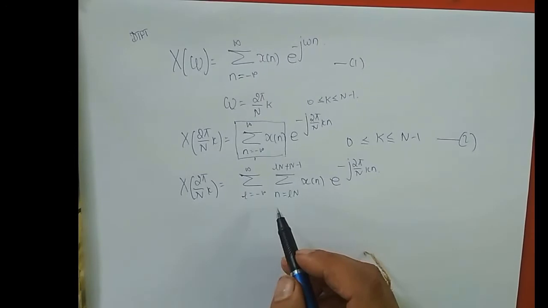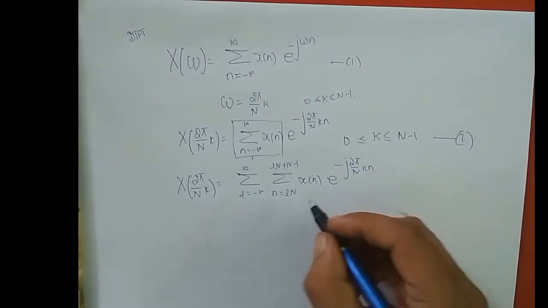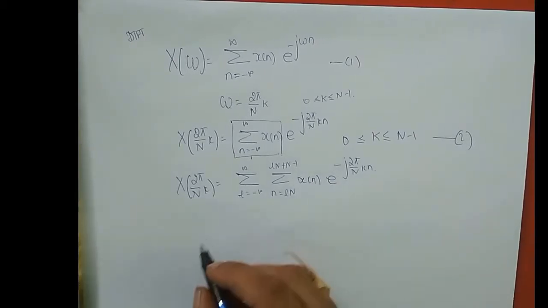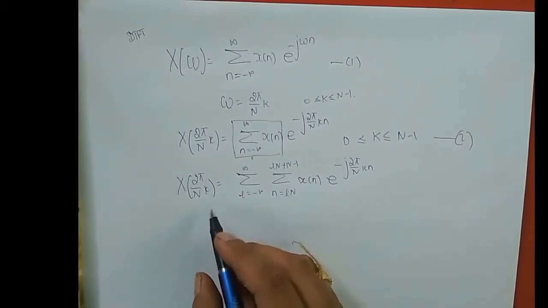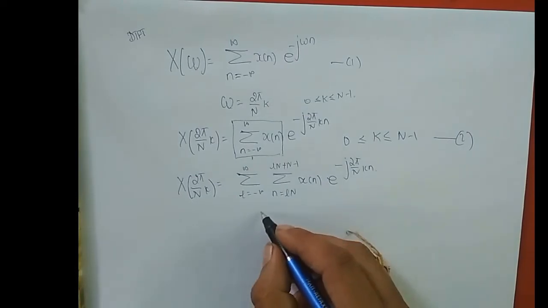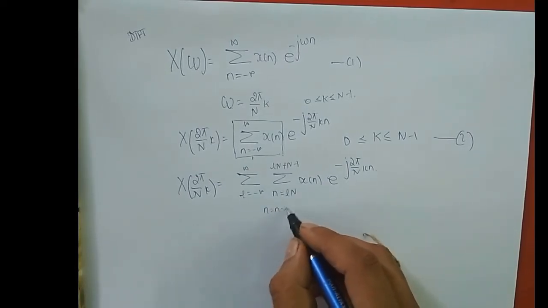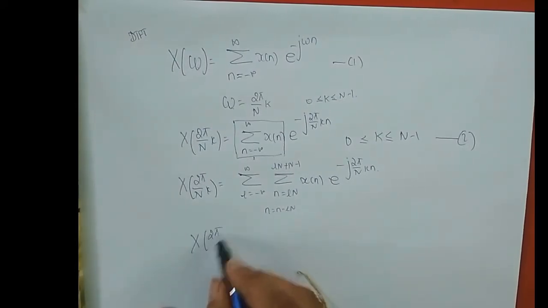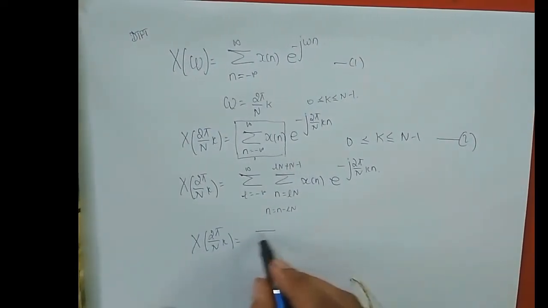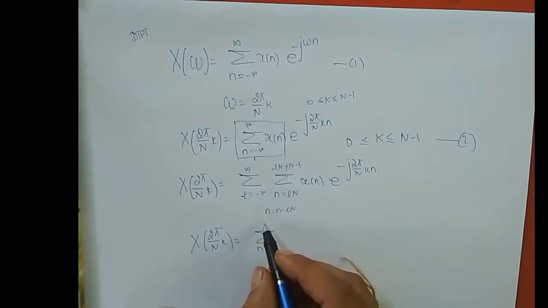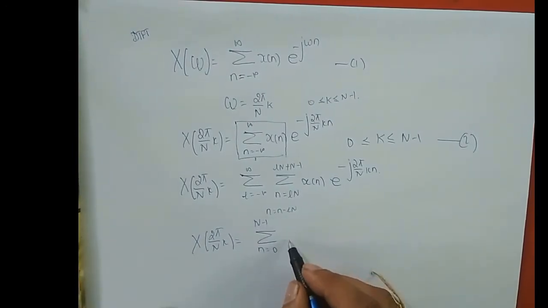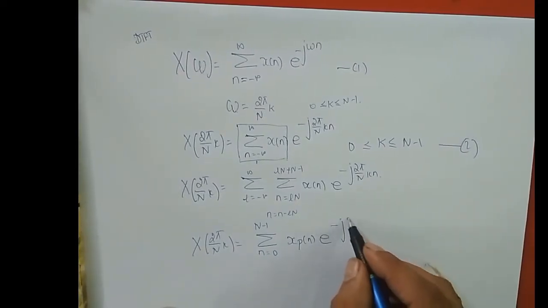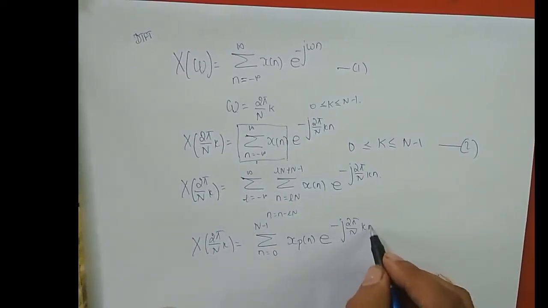Then we did some mathematical simplification and wrote it in the form of a periodic signal. After replacing n with n minus lN, we ended up with X of 2 pi by N into k is equal to summation n varying from 0 to N minus 1 of x p of n e power minus j 2 pi by N into kn, right?